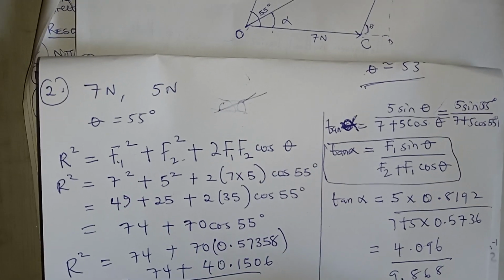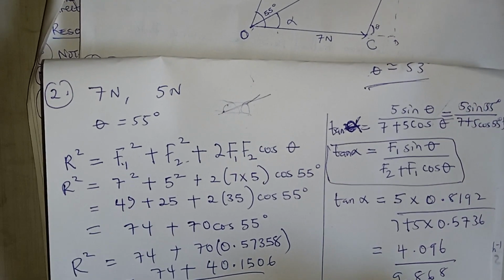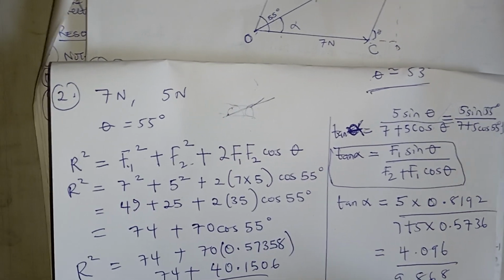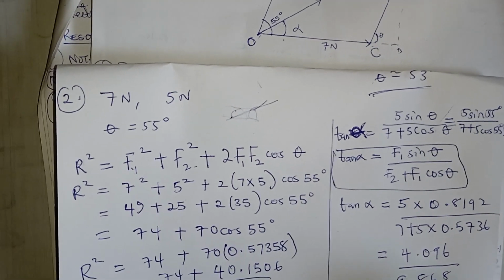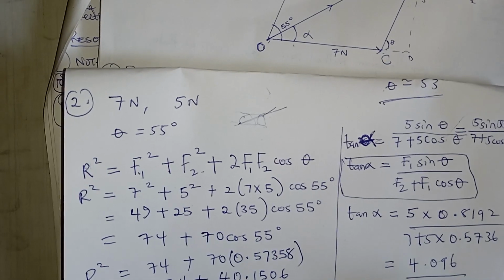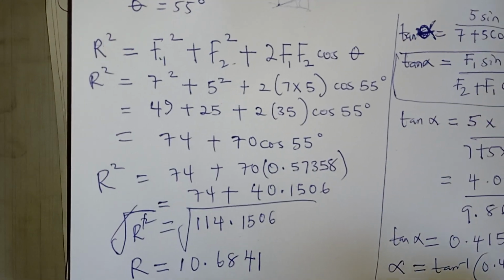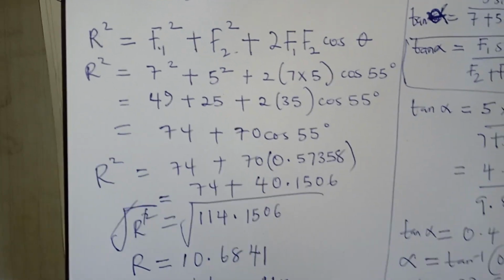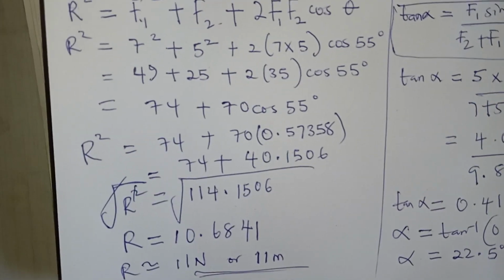So theta equals tan inverse 0.4151. When you solve this, you have 22.5 degrees. So the angle between them is 22.5 degrees.